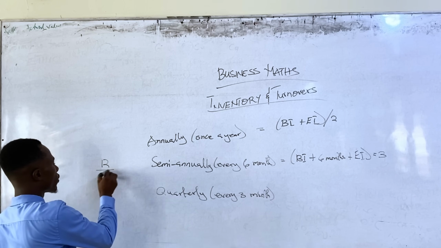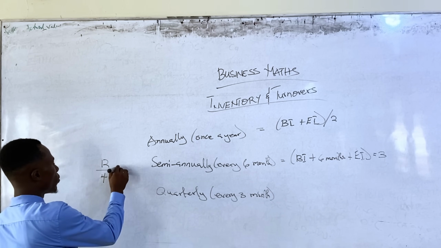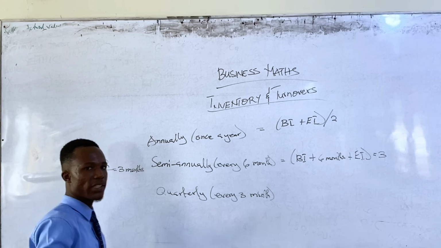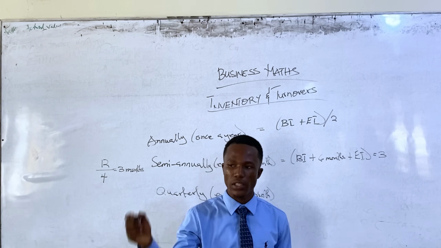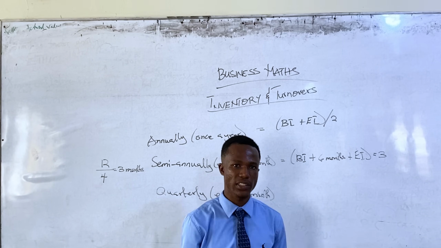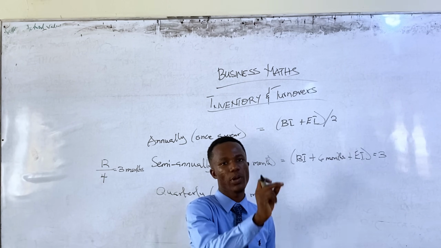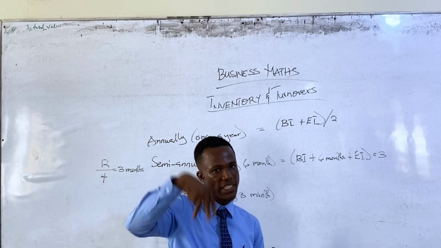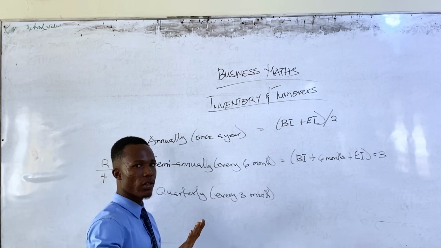We sold 4 times, right? So month-wise, it is going to be every 3 months. Because how many 3 months do we have in a year? We have January, February, March as 1, April, May, June as 2, July, August, September as 3rd, then October, November, December as 4. So we have 3 months 4 times in a year. So when we say every 3 months, it means we have 4 in a year.